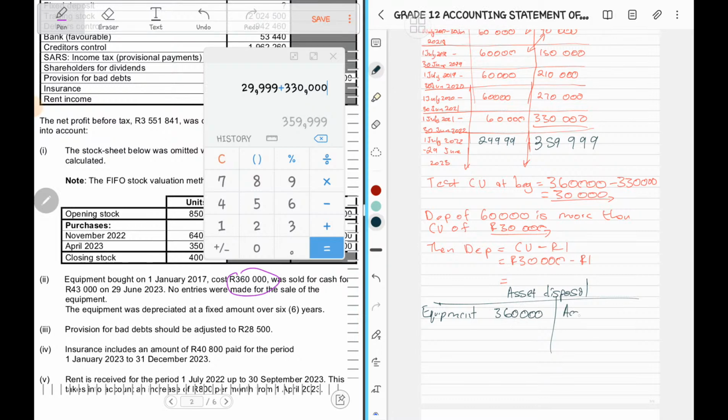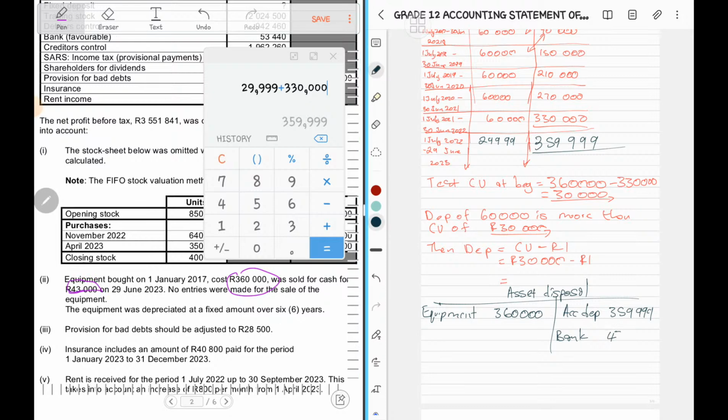Then here we record the accumulated depreciation, which is 359,999. Then we record the bank amount that was received. If you remember, we're being told that it was sold for cash, 43,000.